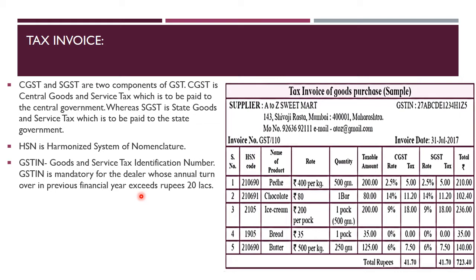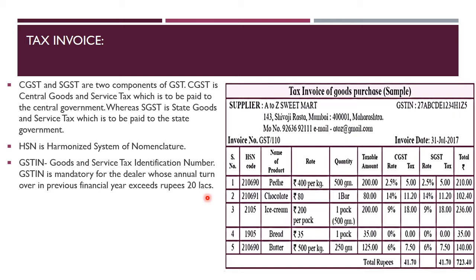Okay, now they should have a GST identification number so that they can perform the trade or business. So any business holder or any dealer whose earning in the previous financial year exceeds 20 lakhs has to have a GSTIN or GST identification number.